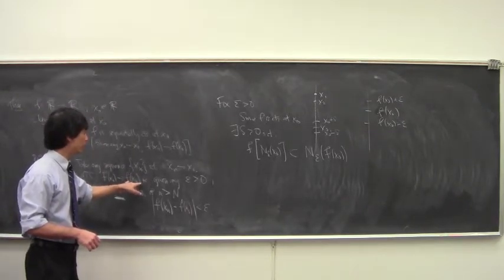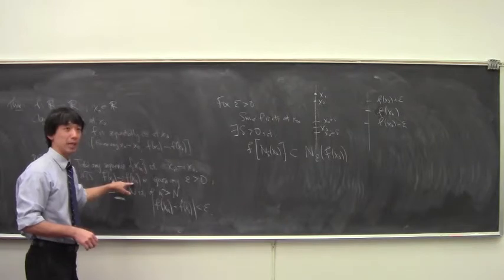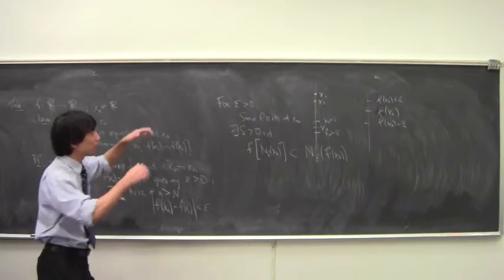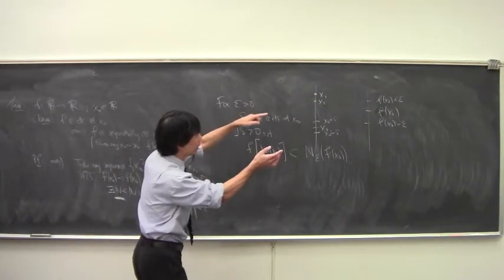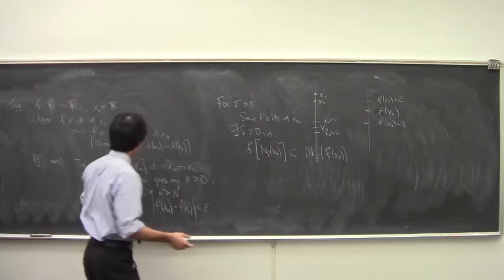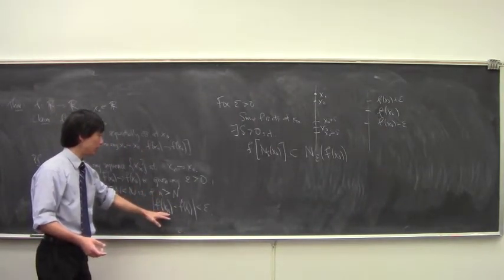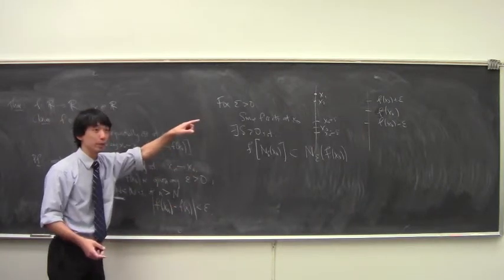It means that we want to be able to play the epsilon-N game for this sequence. In other words, given any epsilon neighborhood of f of x naught, we want to find a time past which all the f of x n's lie in that neighborhood.